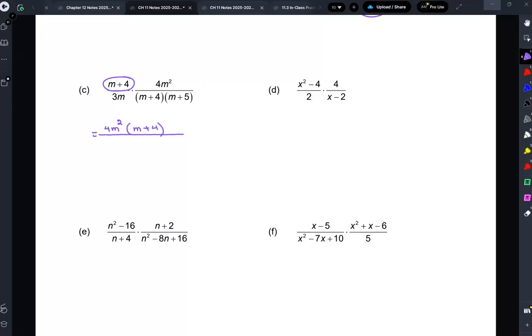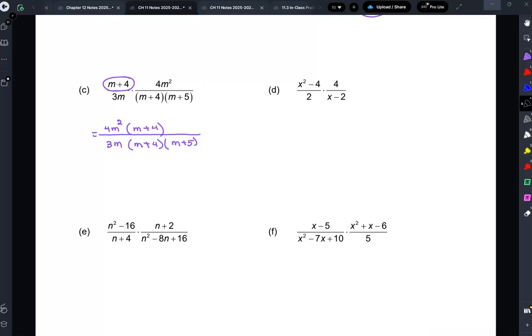Over 3m, m plus 4, m plus 5. Okay, look. In this step, I literally did no math. I just rewrote things, sometimes in a different order. And I put parentheses around things.